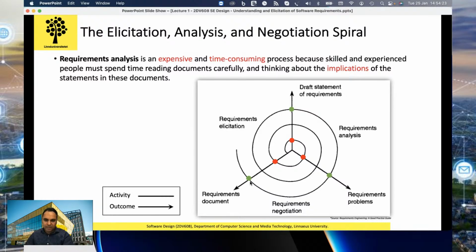That comes naturally if we follow a spiral process for requirements analysis and negotiation. Our aim, of course, will be eliminating problems as early as possible and as much as possible so that we have a good quality requirements document.